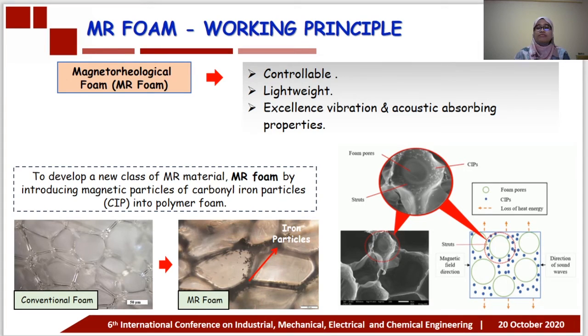However, the presence of iron particles in the strut has caused the size of the pores to be tuneable or changeable by the magnetic field applied onto this MR foam. Therefore, MR foam can be seen as a candidate for smart vibration and acoustic absorbing materials.